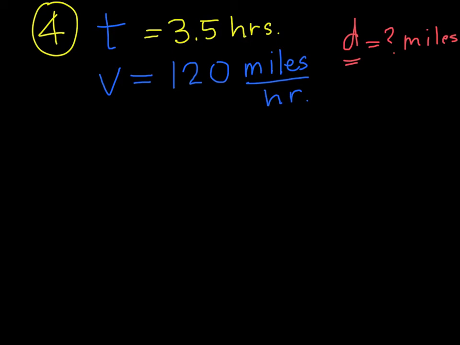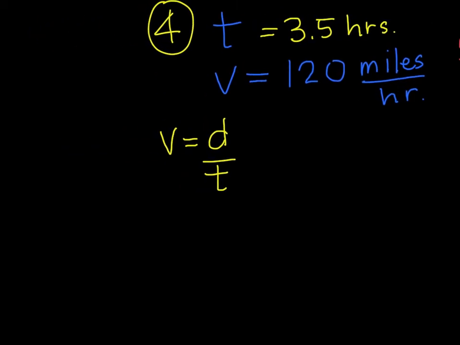Well, so here's what we have to do. Our equation is still velocity equals distance divided by time. But we need to manipulate it a little bit. So we need to get distance all by itself on this side.